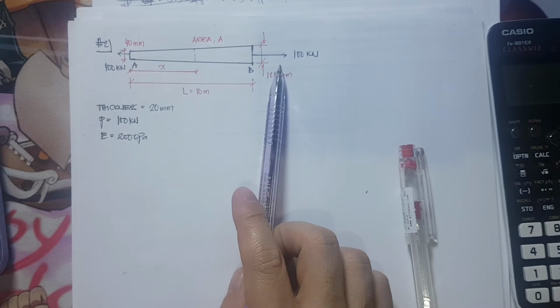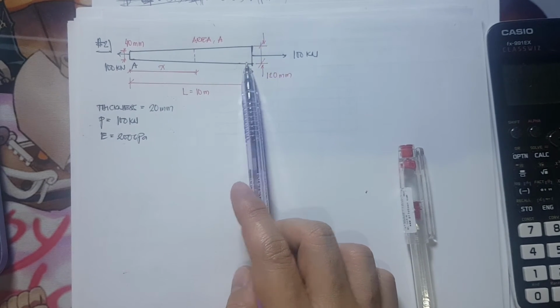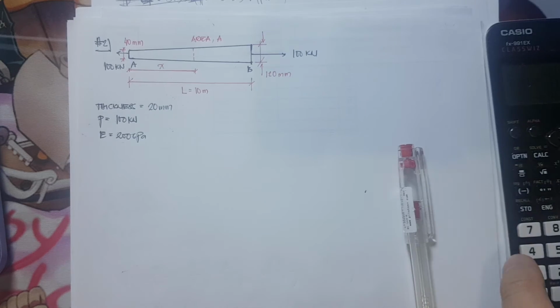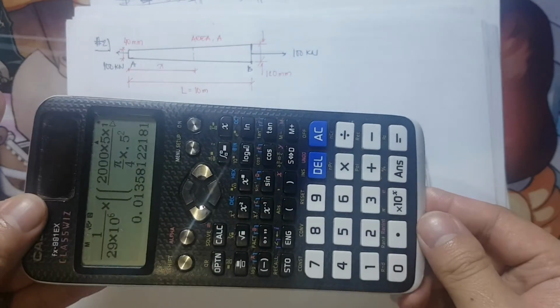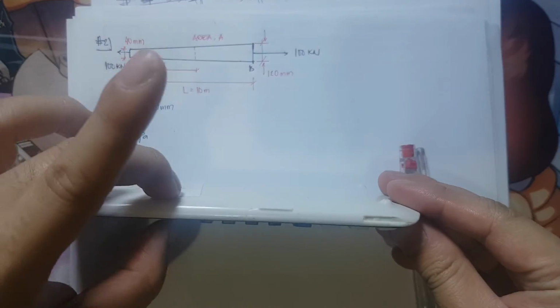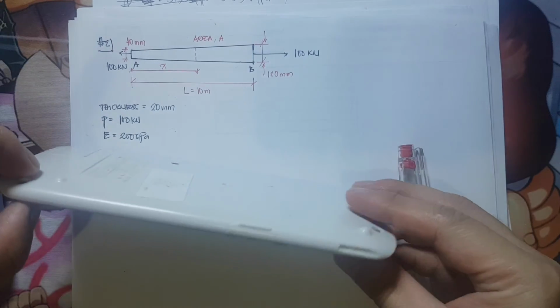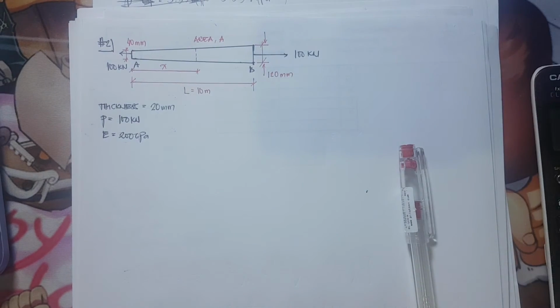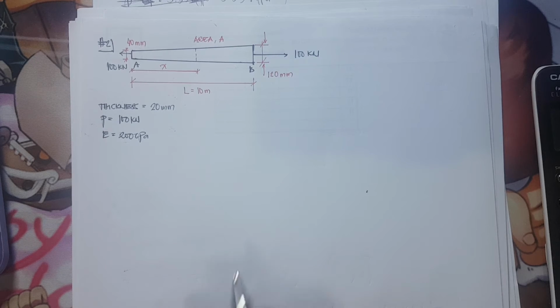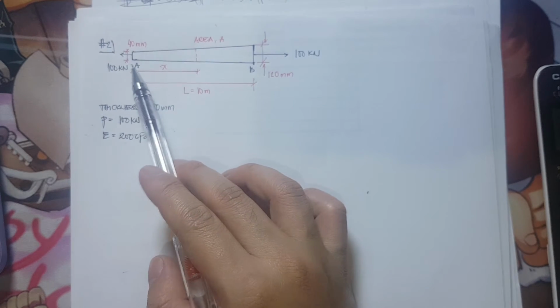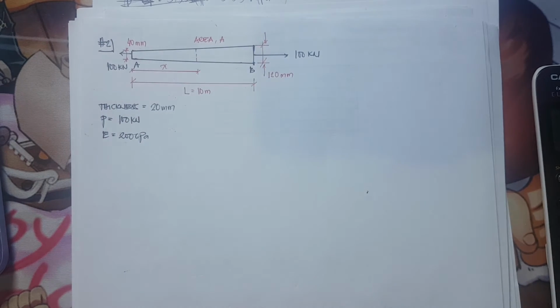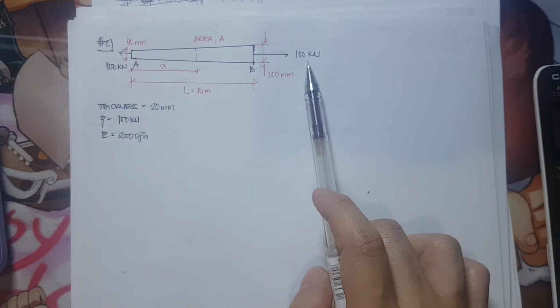AB has a constant thickness of 20 mm. If we are viewing it this way, the thickness is 20 mm for that steel bar. But its width varies as shown, from 40 mm to 120 mm.